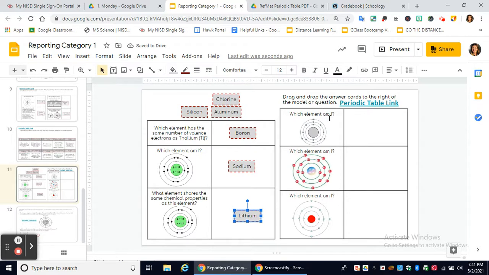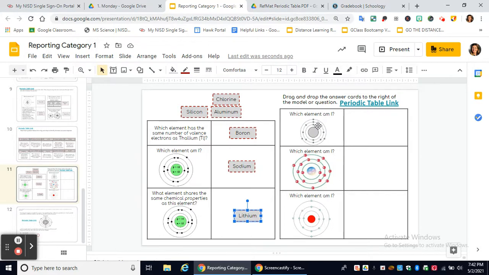Okay, and what element am I? So here in the nucleus, they're not showing us our protons or our neutrons, and we know protons identify an element, but remember, if you can't determine the number of protons, your number of electrons equals your protons. So let's see here.